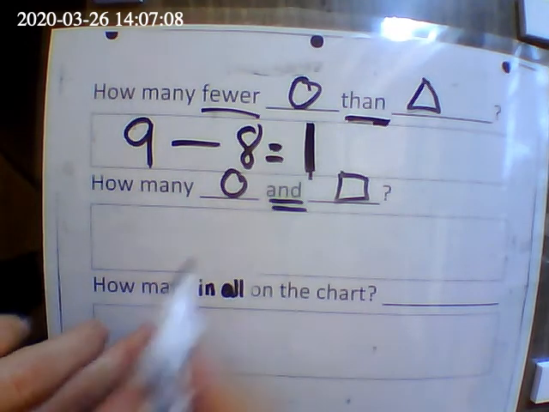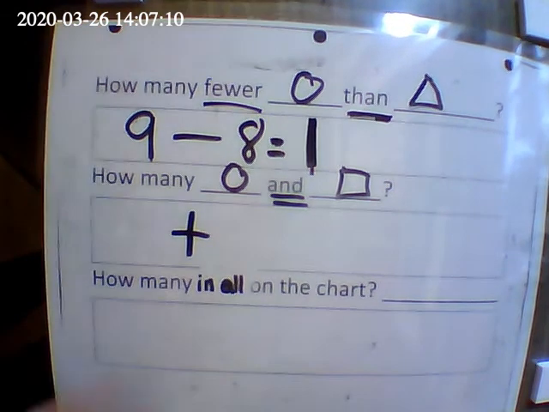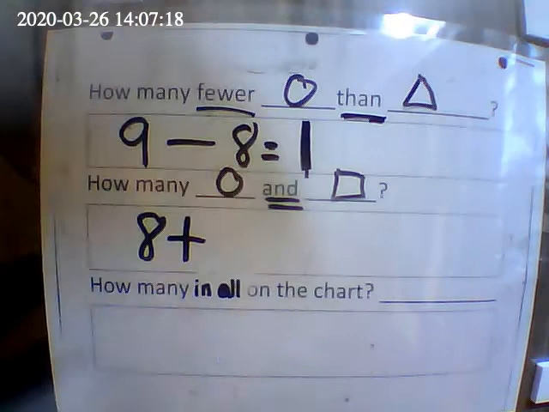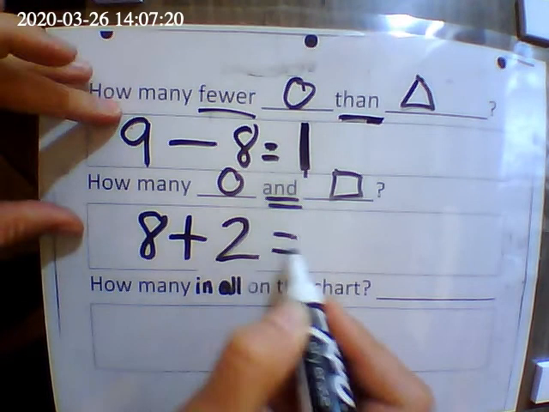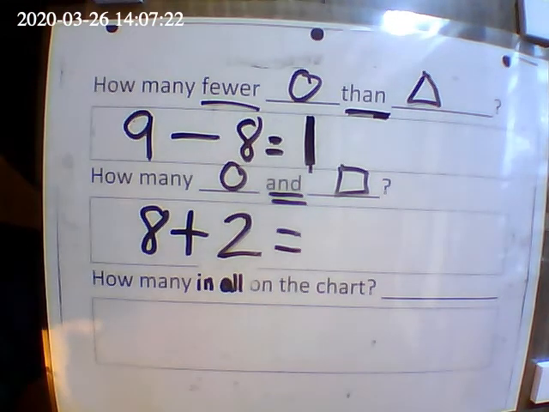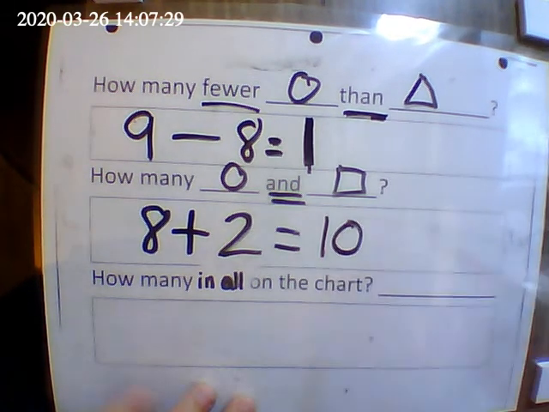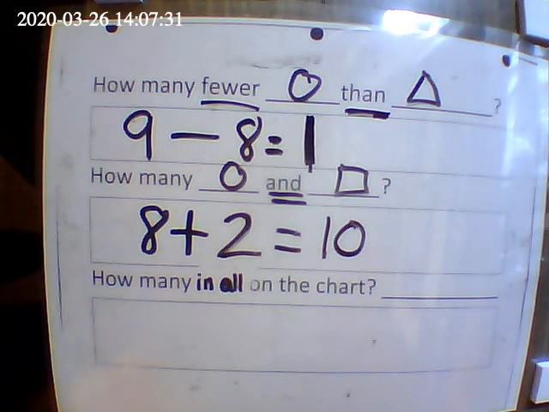We want to put them together. So we go back to our chart to see how many circles we have. 8 circles. And how many squares we have? 2. So what is 8 plus 2? And the answer is 10. It's a 10 fact.